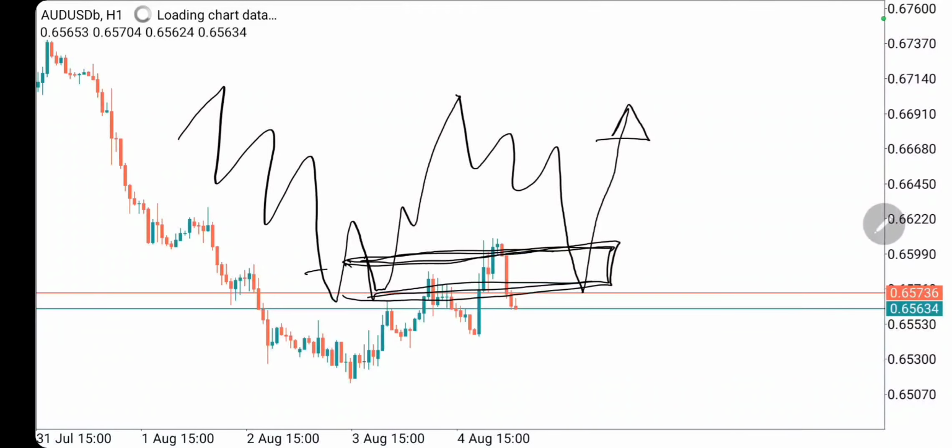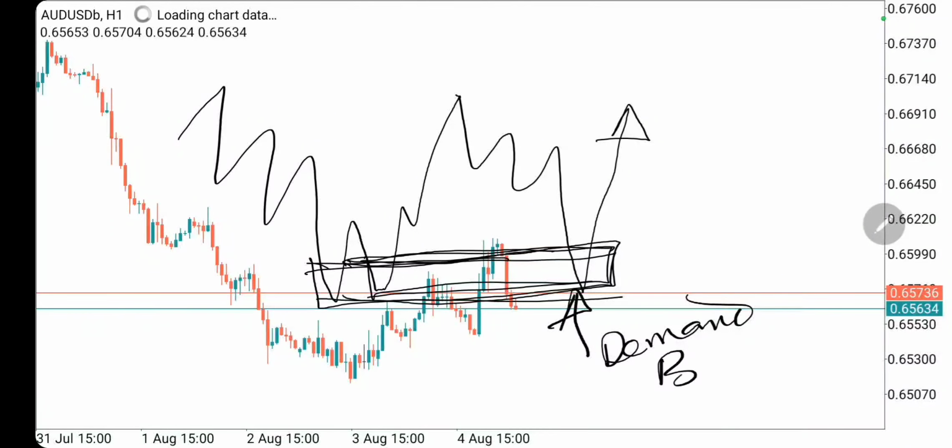So this is our demand zone. The demand zone is a zone from which we expect that when price comes back to it, it would buy. So it is a demand or buy zone.